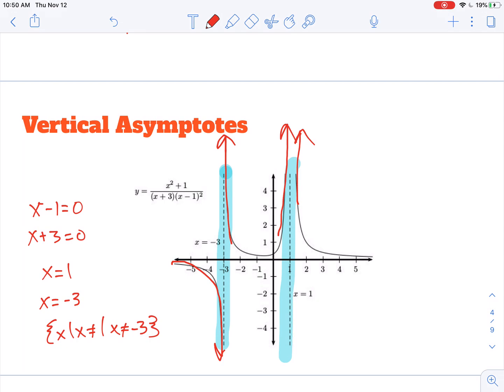And again, I'm going to show you more of this on Desmos when we're in class again. I want to make sure that we understand what's going on. I'm just giving you an idea of what a vertical asymptote is. It's an invisible concept that we represent via a dashed line, where the graph will get close to that asymptote and follow along it, but it will never cross it. It never, ever crosses a vertical asymptote.